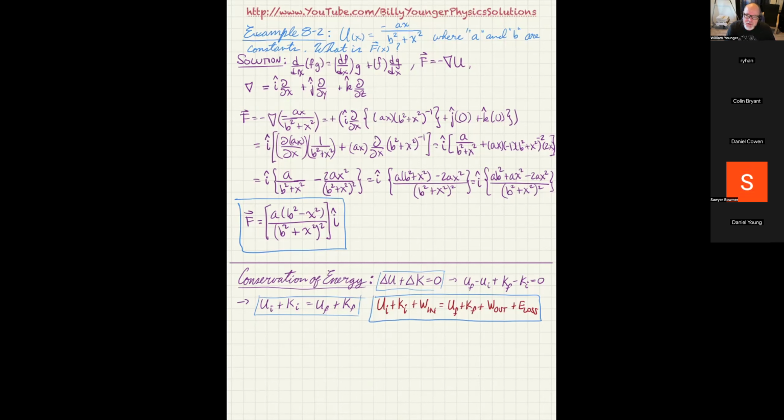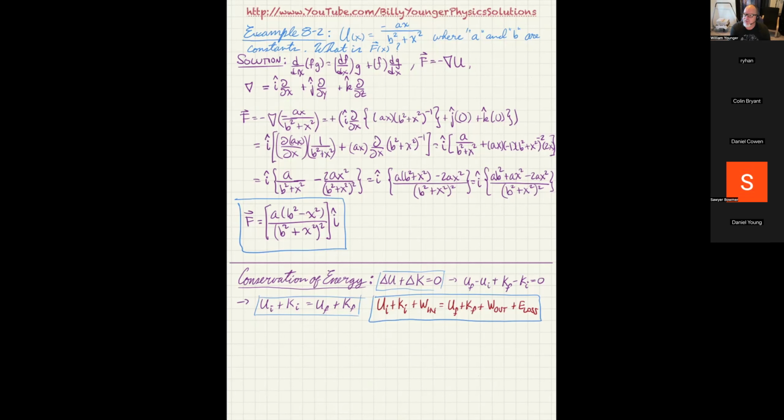I'm going to show you one example that I just made up on the fly, and it turns out to have horrible results, where we have a kid going down a mountain on a sled and ends up hitting a wall at hundreds of miles per hour. So it's not a very realistic problem, but it's very instructional. So I'll be using that. But the big thing to remember is there's no wrong answer as to what W in is or what W out is or what E loss is.